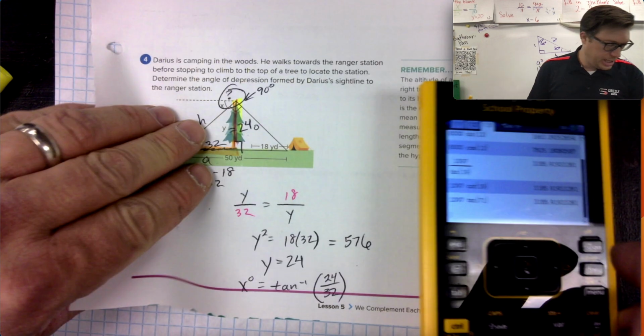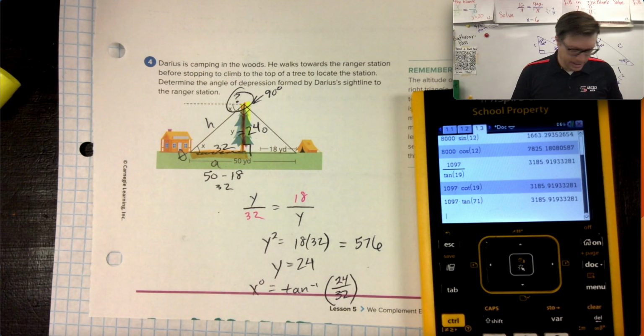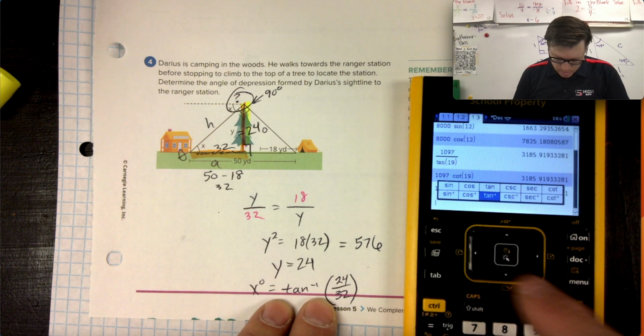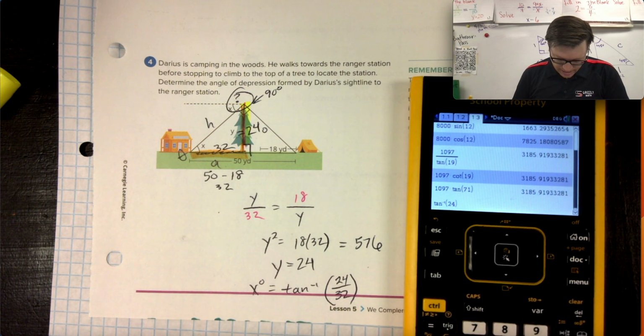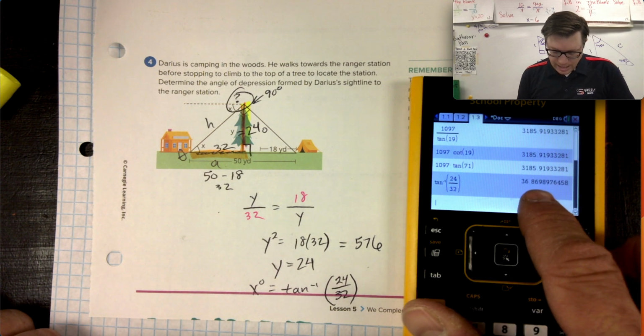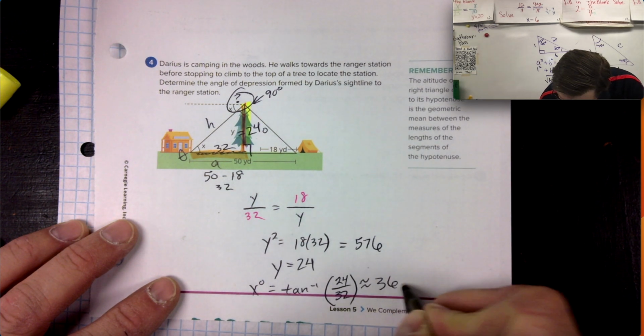That one, tricky, tricky, tricky. Okay, so tangent inverse of 24 divided by 32. 36.87 degrees. Approximately 36.87 degrees.